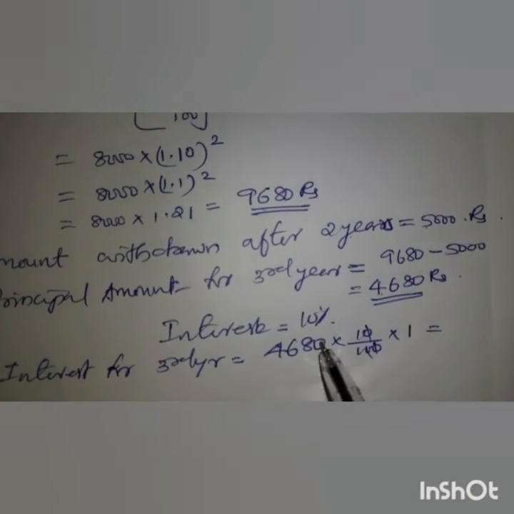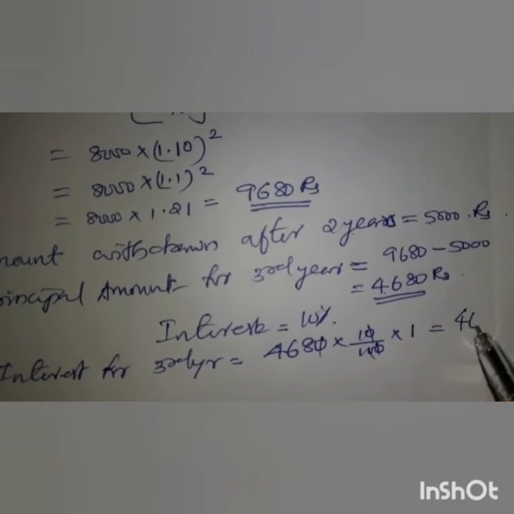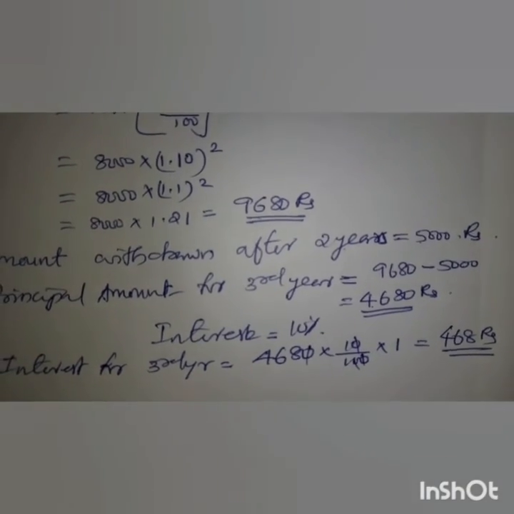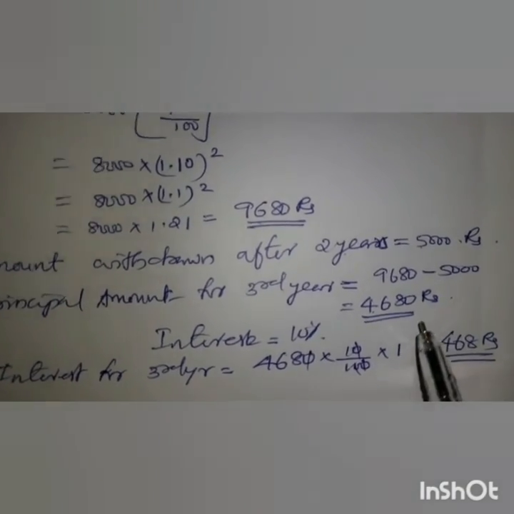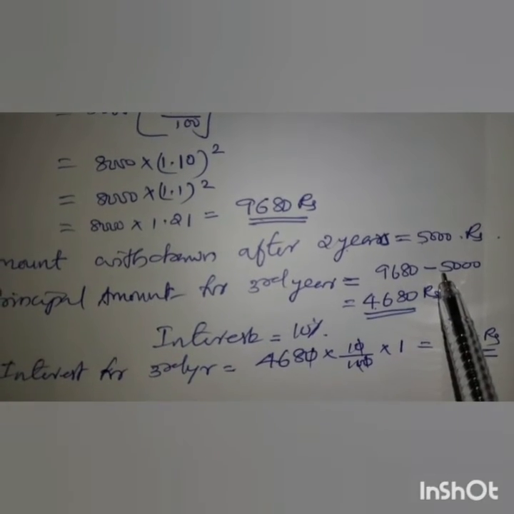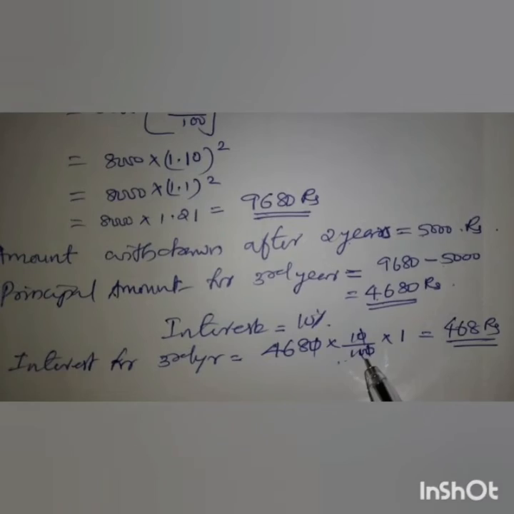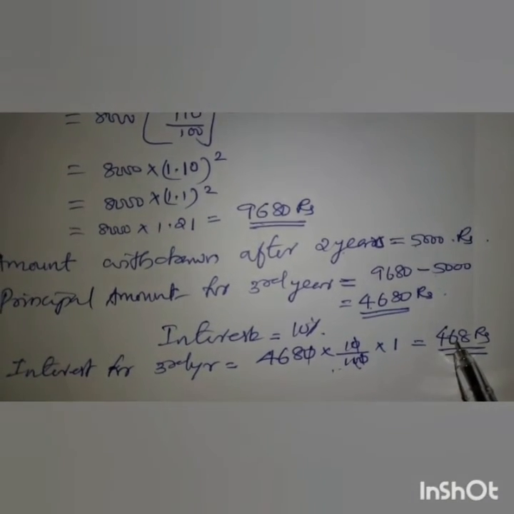So the 0 is cancelled, and you are getting 468 rupees. He deposited only for 2 years compound interest. Again he withdrew 5,000 and the remaining amount was kept. For that only the simple interest we can calculate. So 468 is the amount.